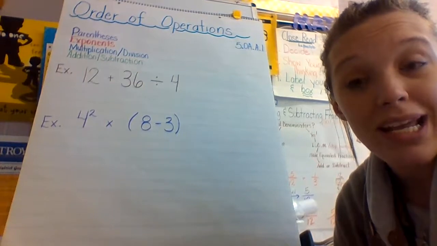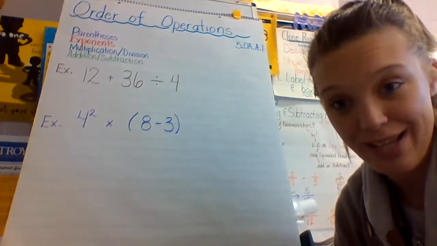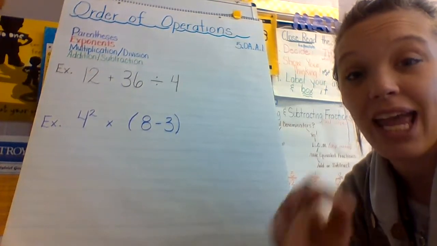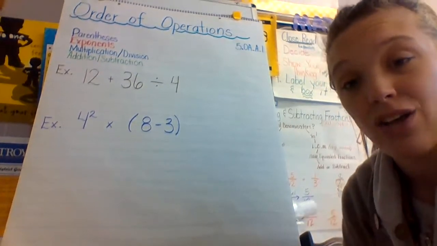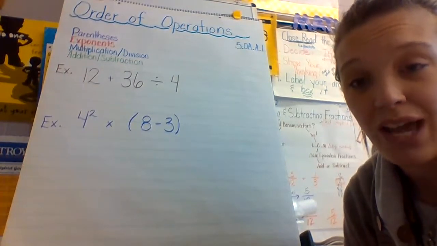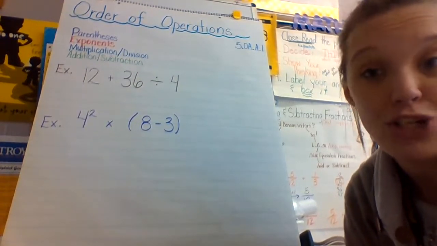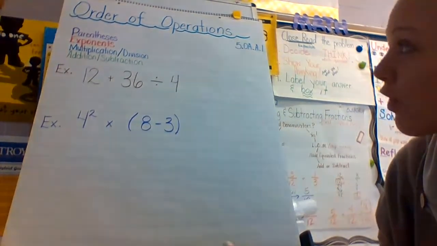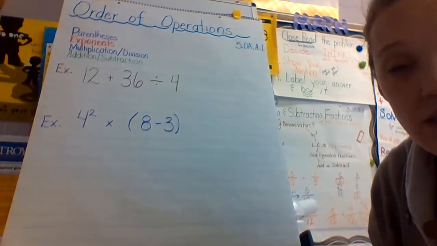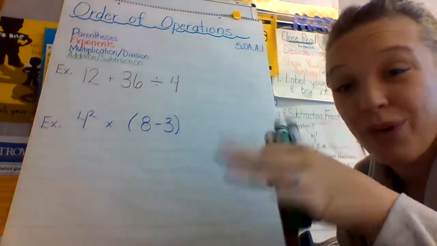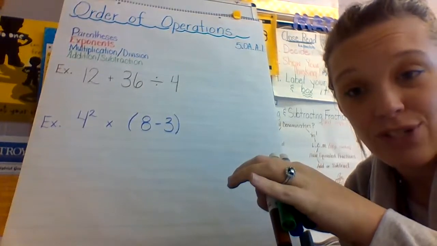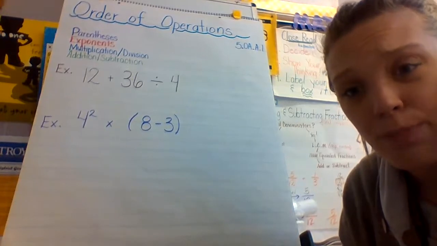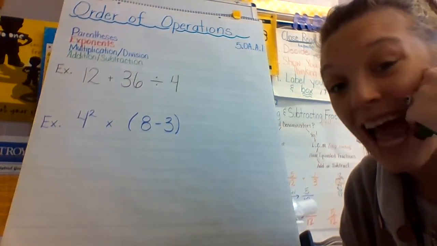We are evaluating numerical expressions. Wow, some fancy schmancy words. Basically, we have a step process. You follow some steps in order to solve a complicated numerical expression or math problem. So we start off with looking for parentheses in a problem, and then we solve whatever is inside of those parentheses first. The next step is looking for exponents. Do you see any exponents that we need to solve next?